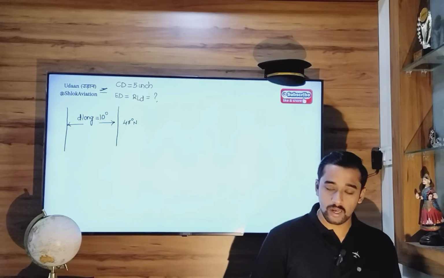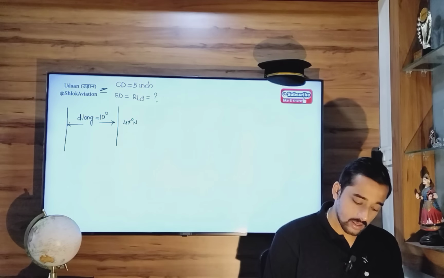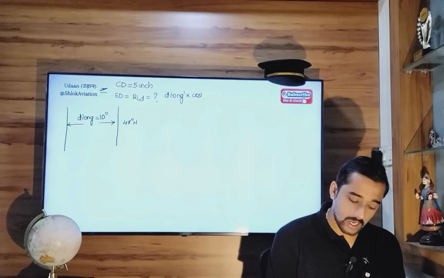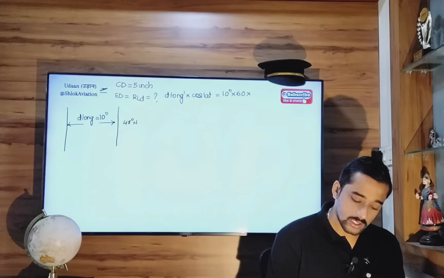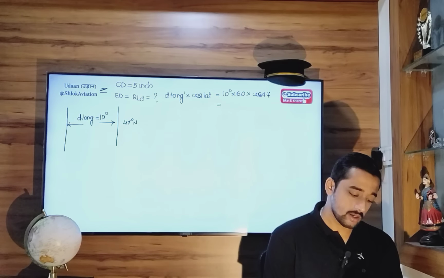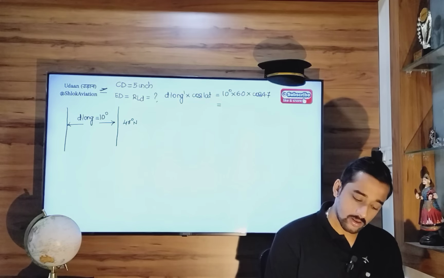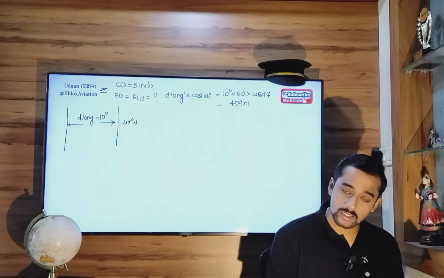So what will be the rhumb line distance? Rhumb line distance will be d long in minutes into cos lat. So 10 degree into 60 into cos 47, that is 600 into cos 47, which is 409 nautical miles.